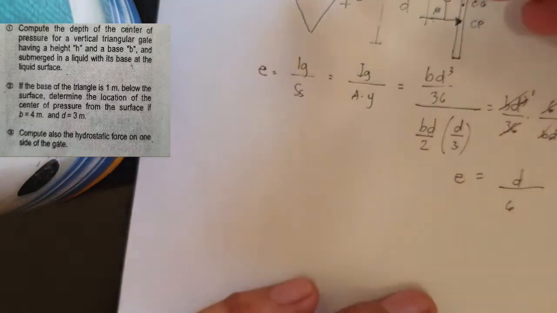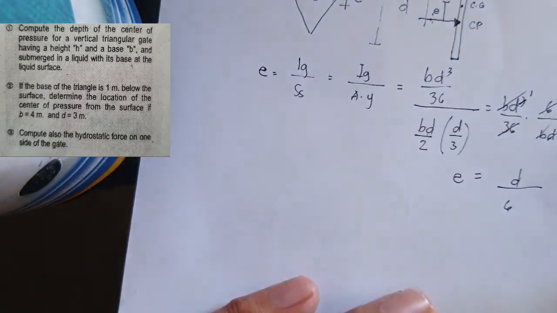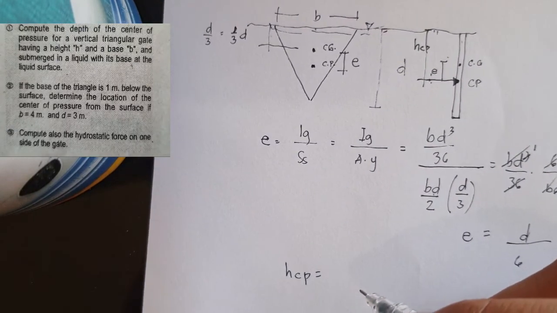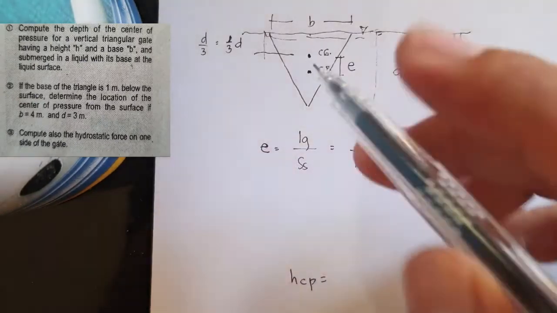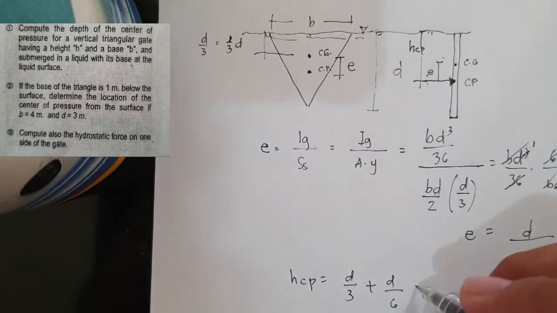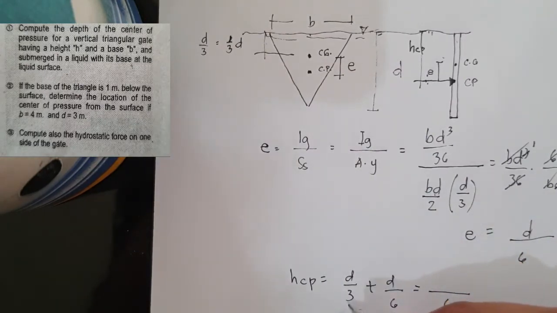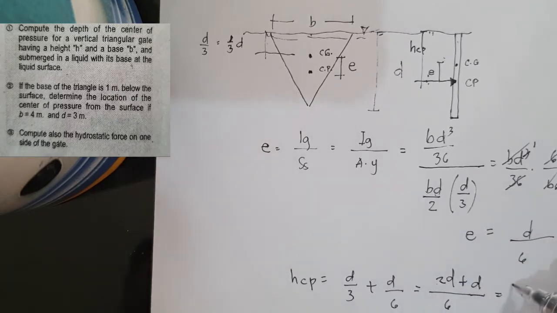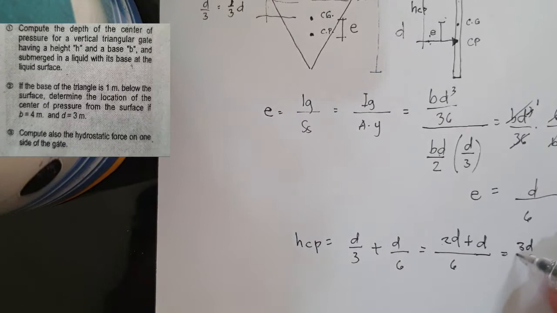So that is distance of center of gravity plus E. So HCP is D over 3 plus D over 6. 6 divided by 3, 2 times D. 6 divided by 6, 1 times D. So that is 3D over 6, cancel. We have D over 2.